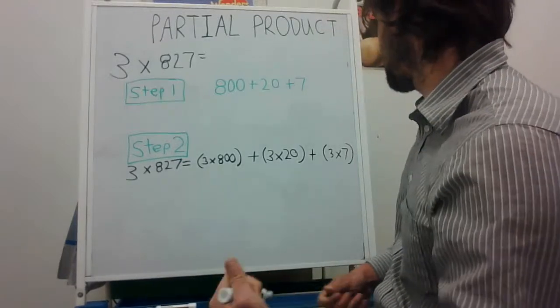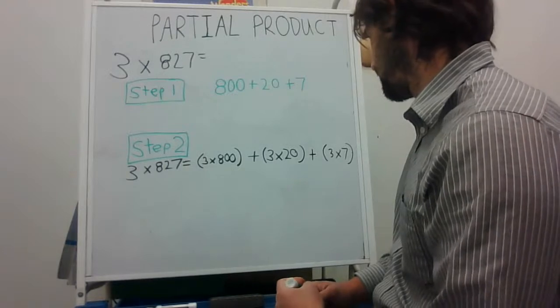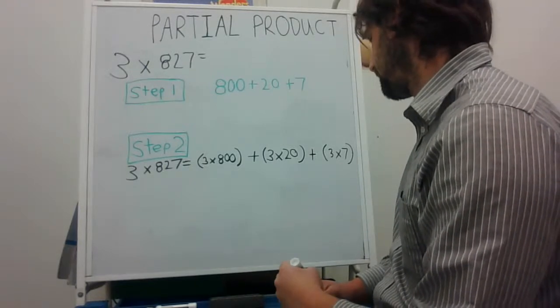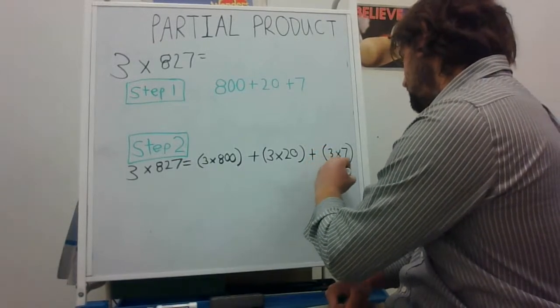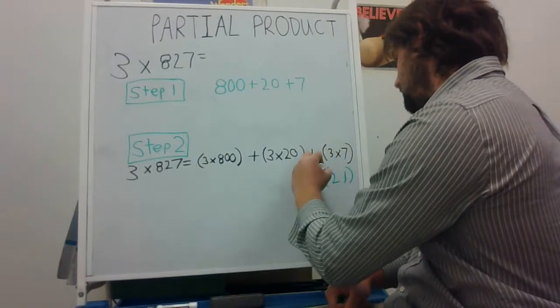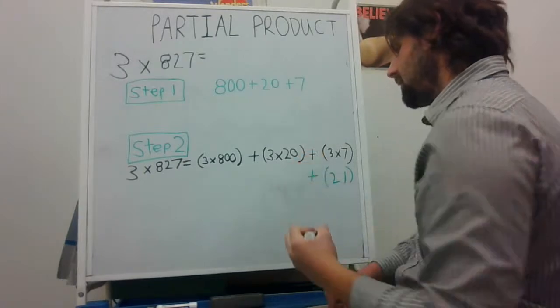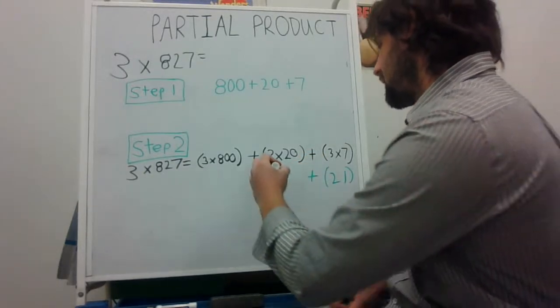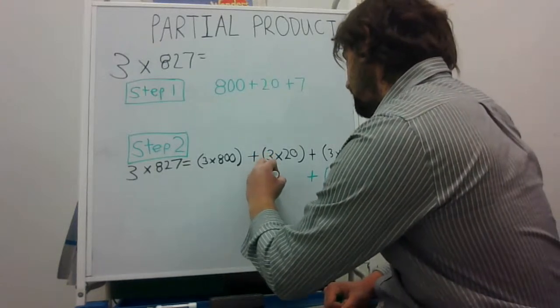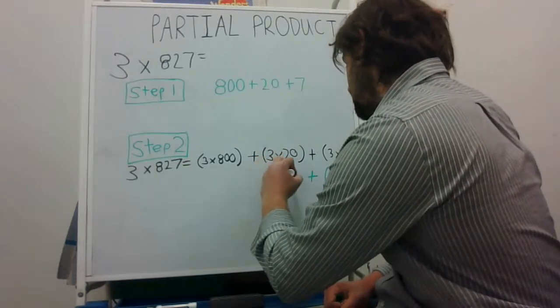All right. So 3 times 7 equals 21. 3 times 20. 3 times 2 equals 6. If I add a 0 to my answer, I get 60.